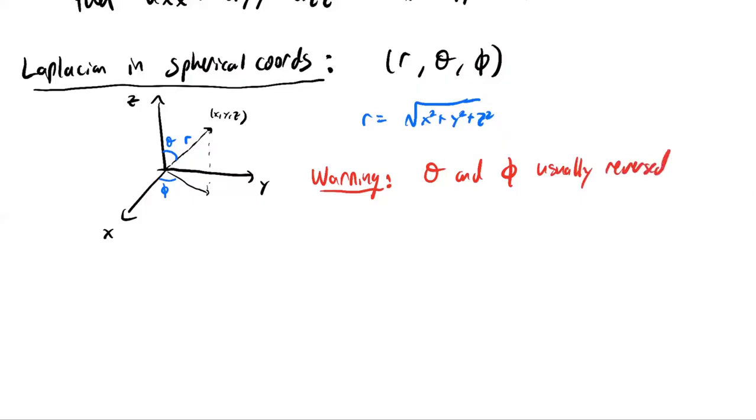Meaning most books will use theta to describe phi here and phi to describe theta here. This is the more standard notation for spherical coordinates. But our textbook uses this notation, and I didn't want to contradict the notation in the textbook. I want to be consistent with the book, so I'm using this slightly less standard way of describing spherical coordinates.